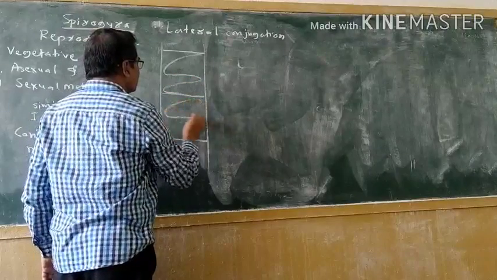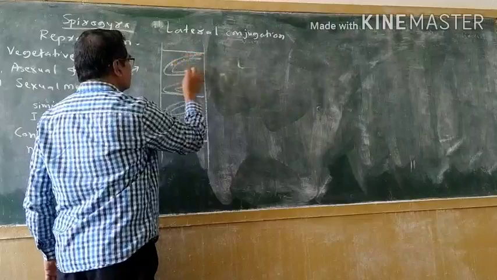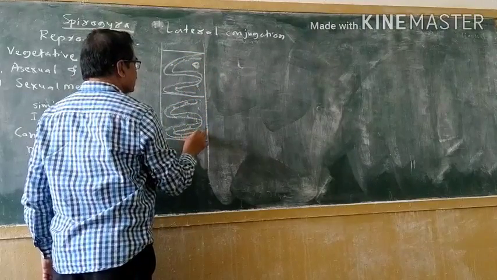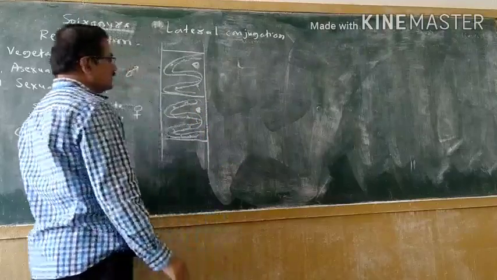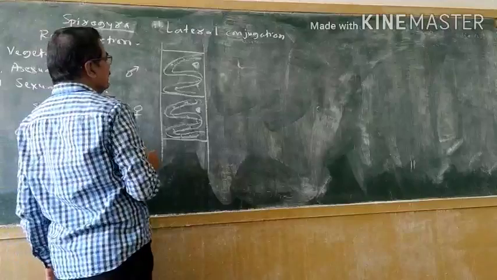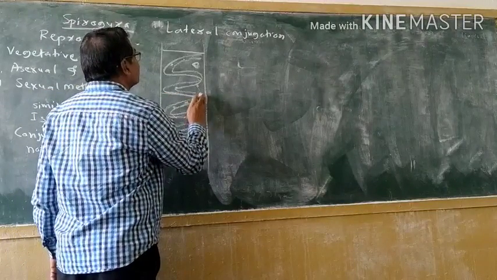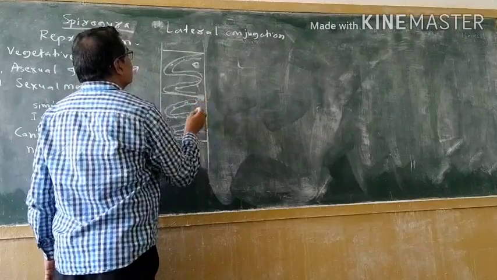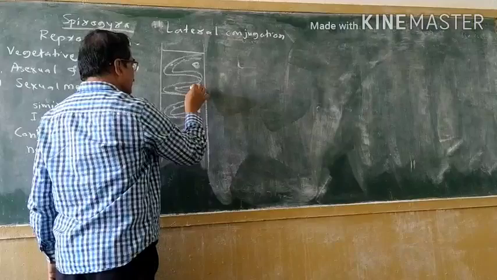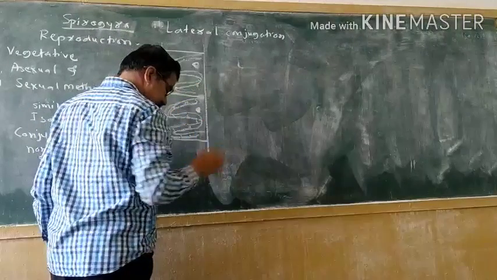Each cell consists of chloroplast, pyrenoids, cytoplasm, nucleus. This structure is not much important here, as we have already studied the details of the cell structure. By conjugation, the partition between the cells becomes loosened, and the whole content from this male cell comes to the female cell.